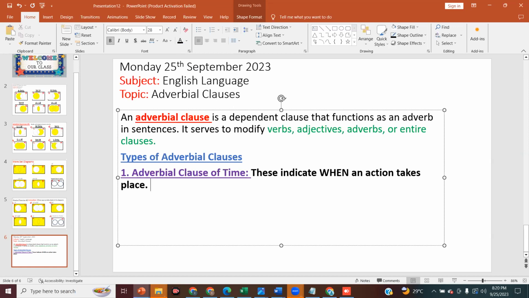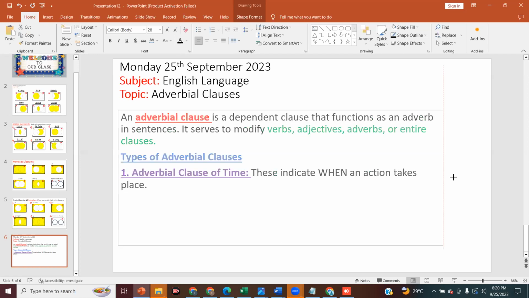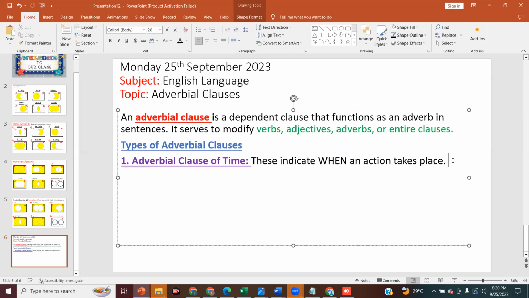It's going to tell you when the action took place.